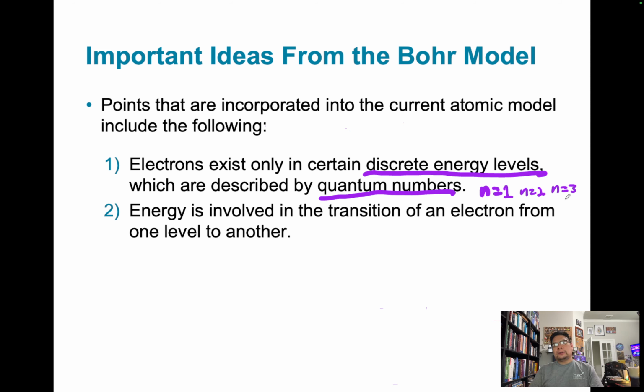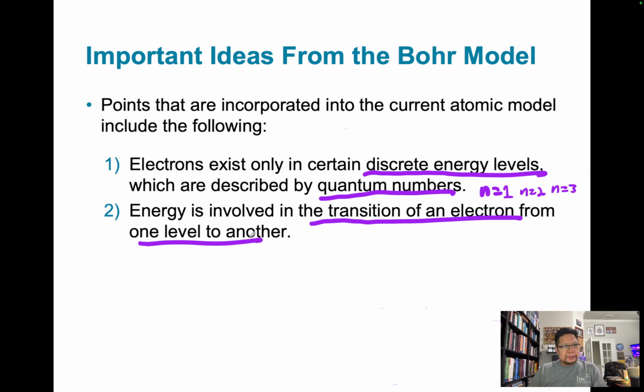Those are all the principal quantum numbers, and they're also the energy levels that electrons can occupy. And that's super helpful. And then energy is involved in the transition of an electron from one level to another.